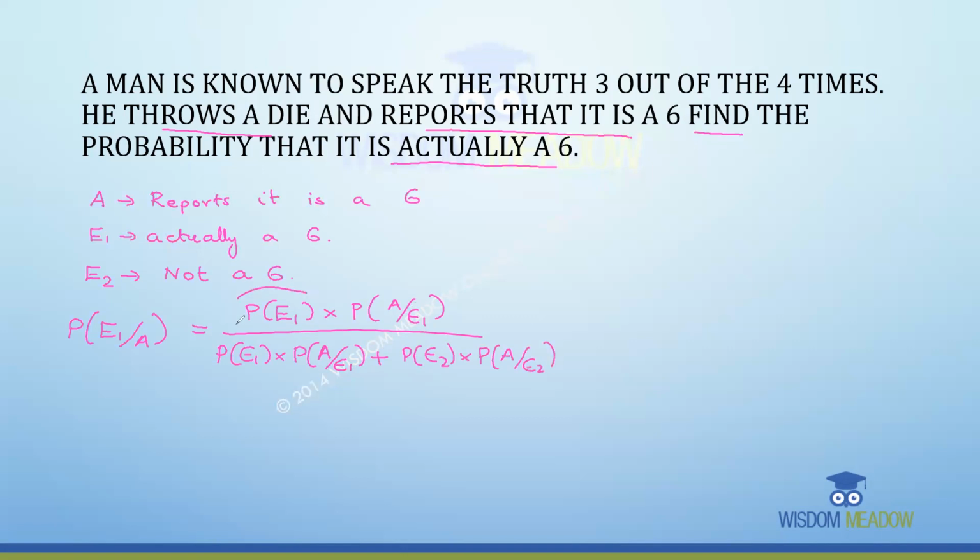Now probability of E1, so getting actually a 6. We know that it's a dice being tossed once, so the sample space is going to be numbers 1, 2, 3, 4, 5, 6. Now probability of getting a 6 over here, there's only one outcome, so 1 out of 6.